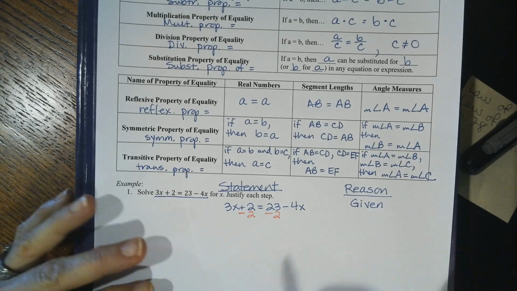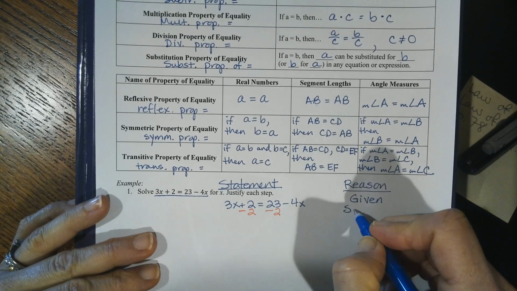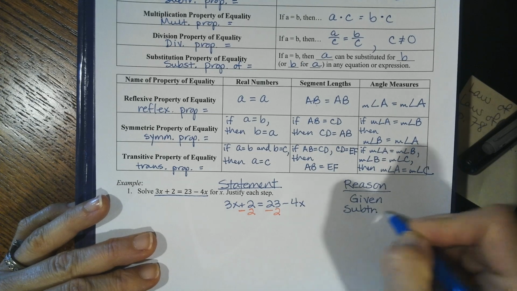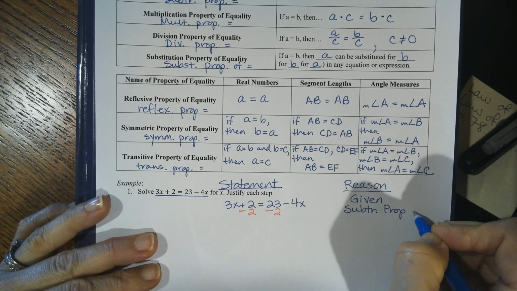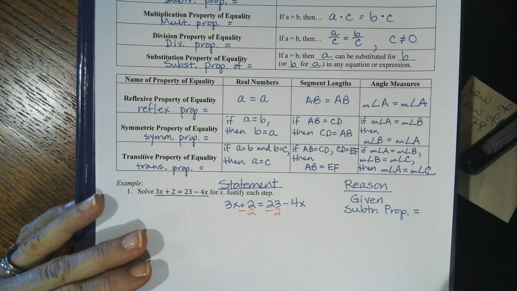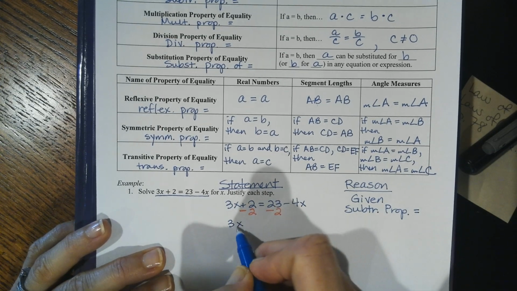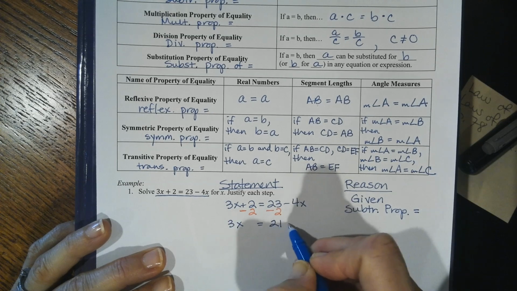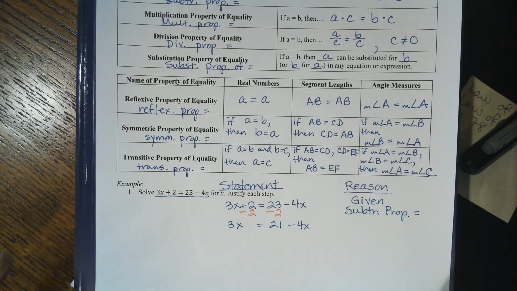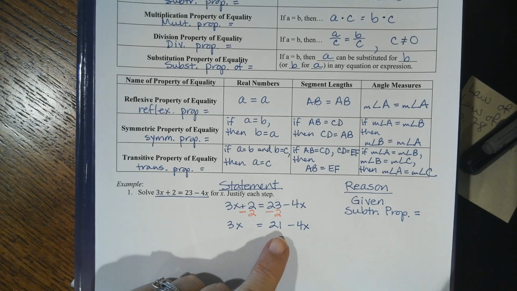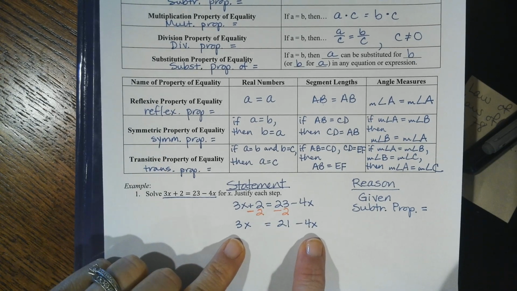And that is the subtraction property of equality that says I can do that. And my next line now says 3x equals 21 minus 4x. So my next step, now that I have my numbers on one side, now I want to get my x's on the same side.